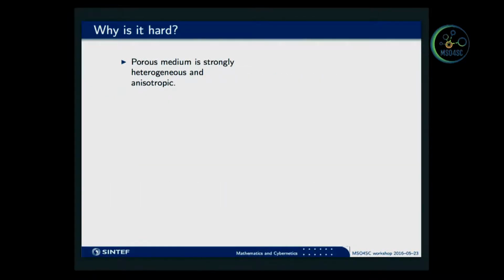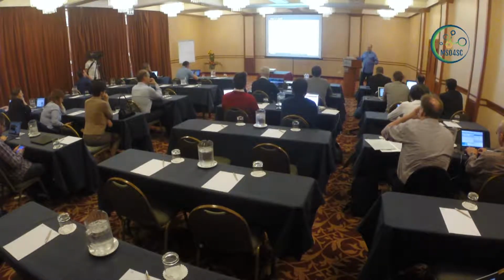So why is this hard? First of all, the porous medium is strongly heterogeneous and anisotropic. Which means that, as a consequence, cells usually don't have nice shapes. They usually have large aspect ratios. A typical cell might be 50 by 50 by 2 meters, or well, plus minus a lot.